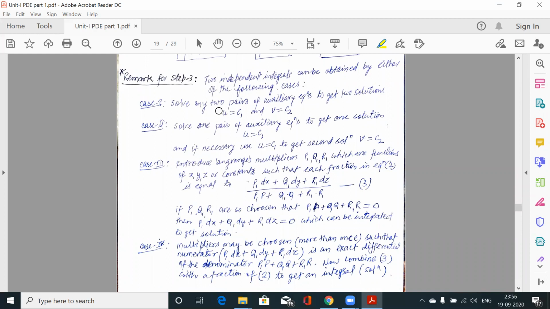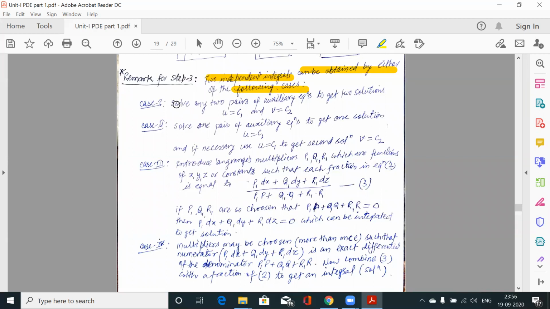So two independent solutions or integrations can be obtained by either of the following cases. These are some cases. We can use any of these cases to find our two integrations, to find the final general solution.